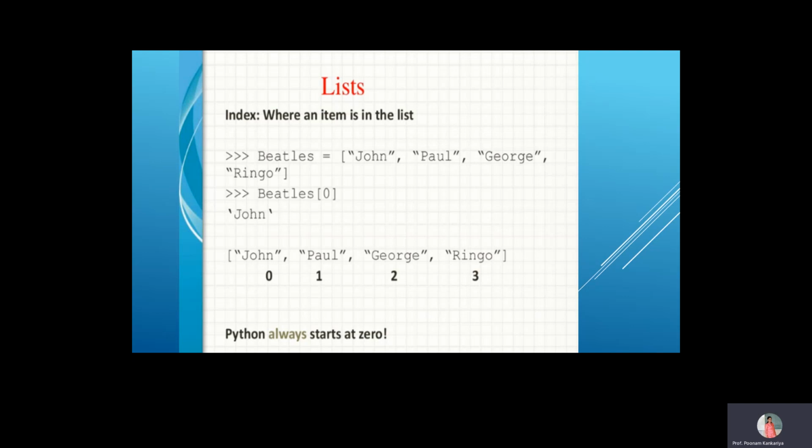There are four values in the beatles variable, but the list index starts from 0. John is in the 0th position, Paul in the 1st position, George in the 2nd position and Ringo in the 3rd position. So Python always starts at 0 for a list.